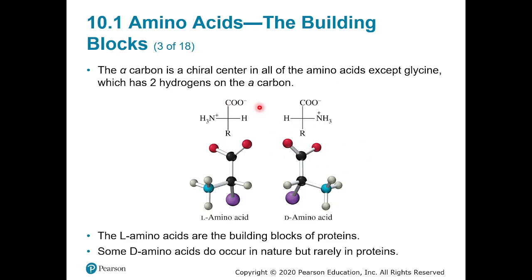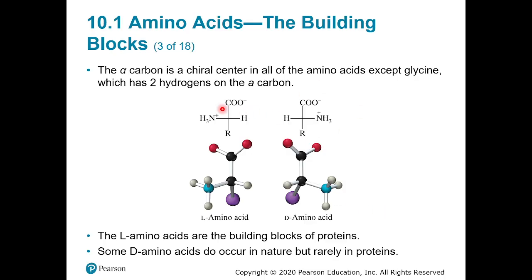So right here, these are the chiral centers. This is the L amino acid, and this one's the D amino acid. Notice we're using the same Fischer projections that we were looking at before, so these are coming out towards you, and going away from you above and below. The L amino acids are the building blocks of proteins.